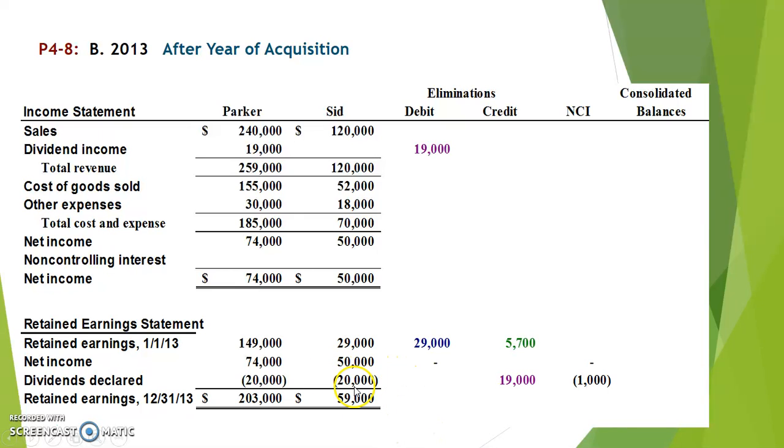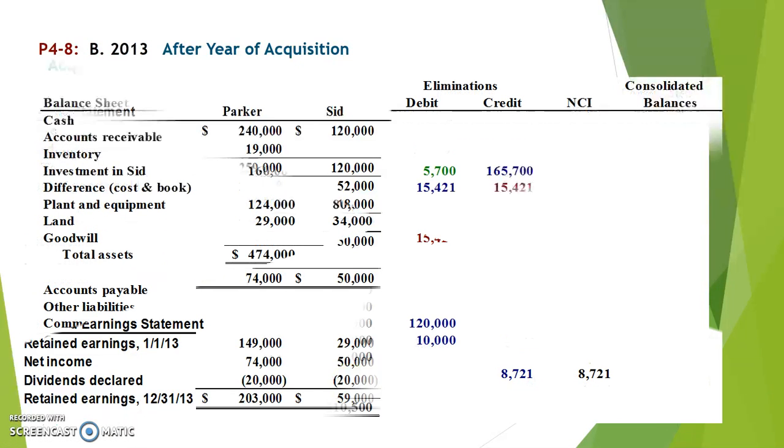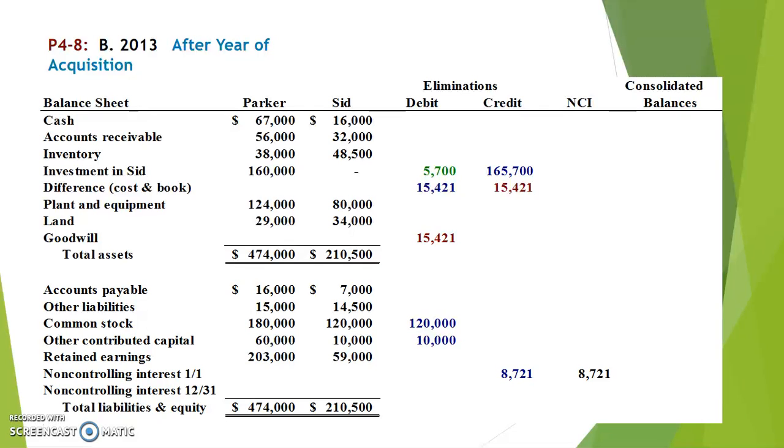And this, then we look at the sub. Now the subsidiary, which is said company, paid dividends of 20,000, and we eliminate 19,000. The other 1,000 represents the NCI share of the dividend, 5% of $20,000. We will also now look at the difference between the book value of 15,421. This is now eliminated, and that is allocated to the goodwill.